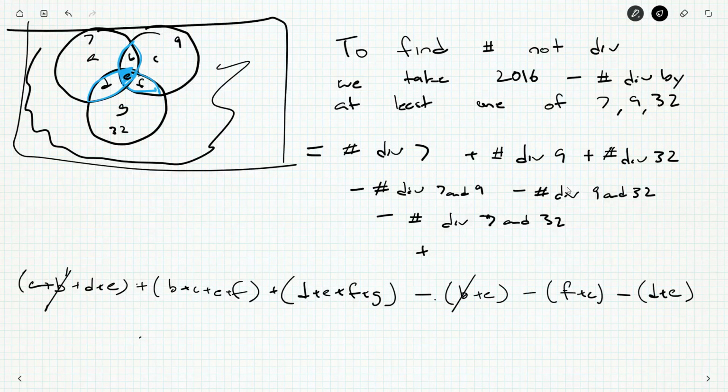One of the D's cancels out, and one of the F's cancels out. And then an E cancels out here, an E cancels out here, and an E cancels out here, and we're left with A plus D plus B plus C plus F plus G, and so we need to include an E here.